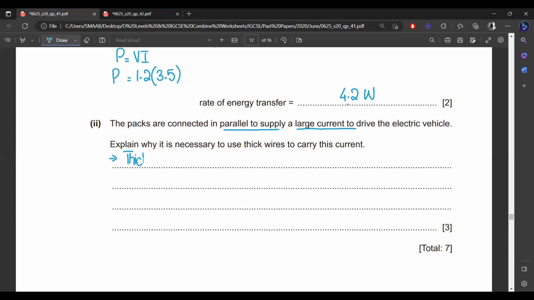So thick wires have a smaller resistance, and the second thing is less thermal energy loss, right?